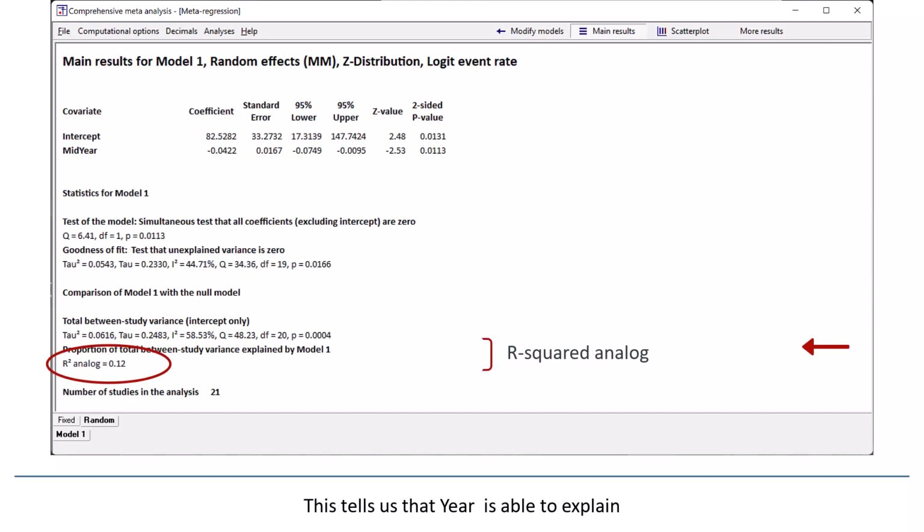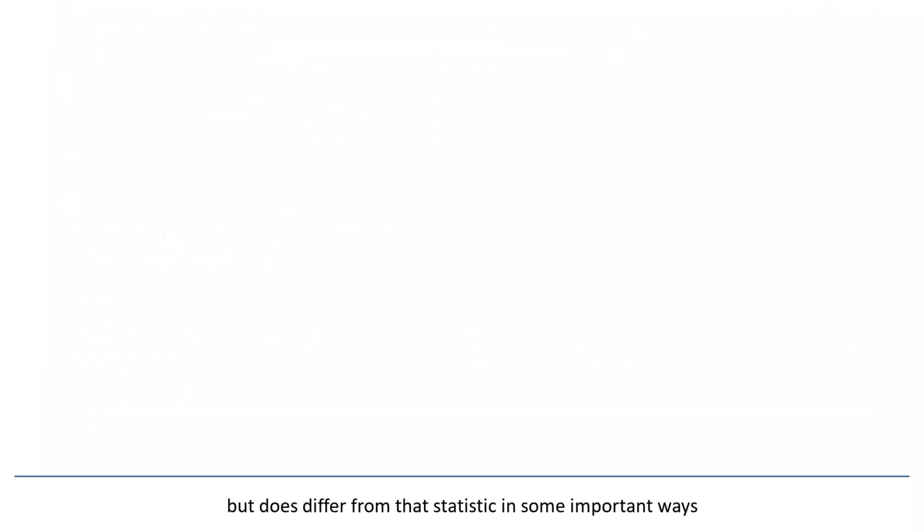This tells us that year is able to explain roughly 12% of the variation in true effects. Notice that the statistic is called the R-square analog because it's analogous to the R-square statistic that we use in multiple regression in primary studies, but does differ from that statistic in some important ways.